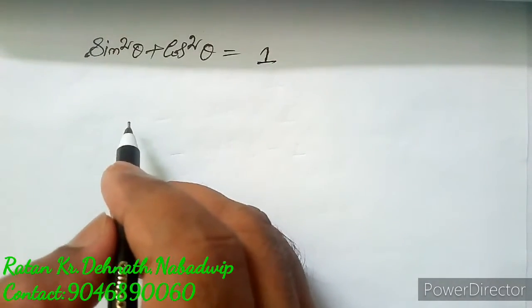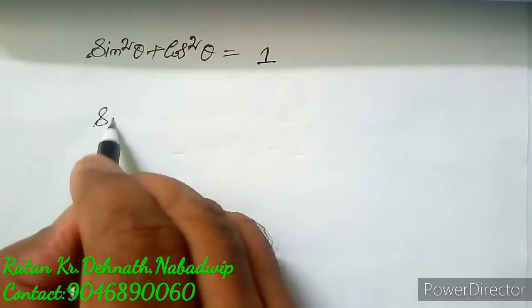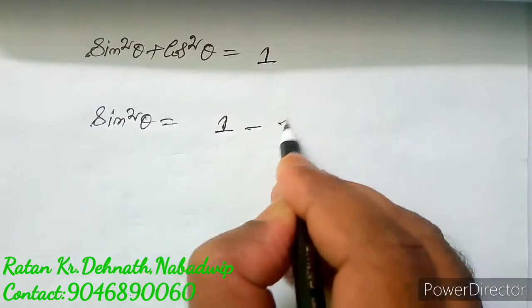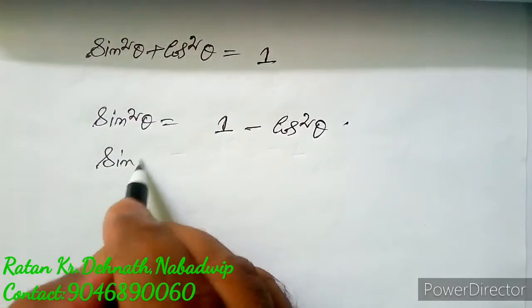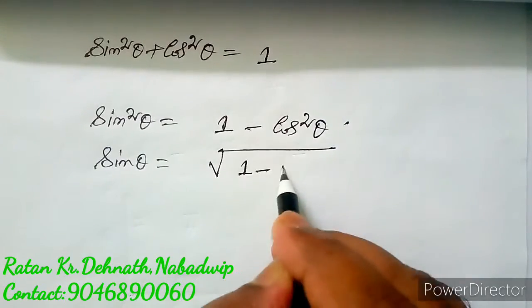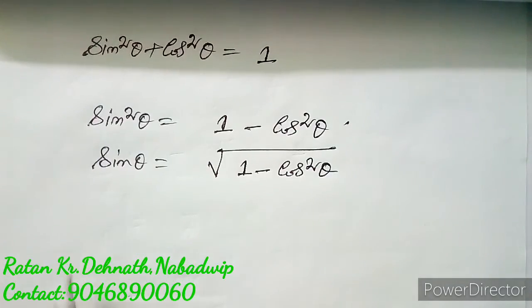If sin square theta plus cos square theta equals to 1, we can write sin square theta equal to 1 minus cos square theta, or sin theta equal to root 1 minus cos square theta.